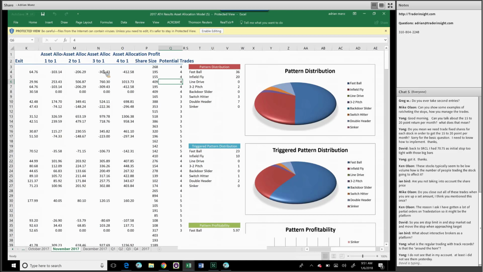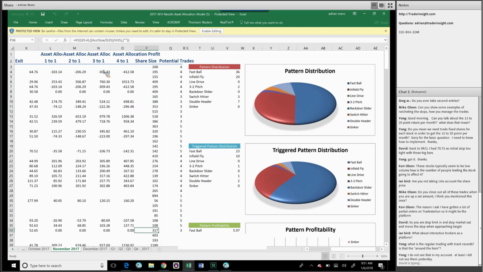If you evenly divided your trading funds between those 4 trades, how many shares of each one would you be taking to have an even asset allocation? So, in this case, you'd be trading 195 shares of this one, 268 of this one, 409. You would never take these odd lots, but that's the number that it would be.